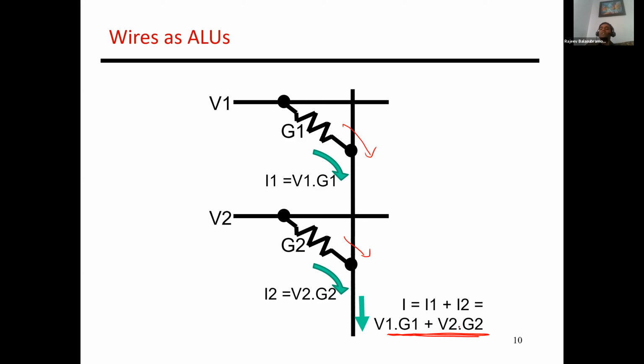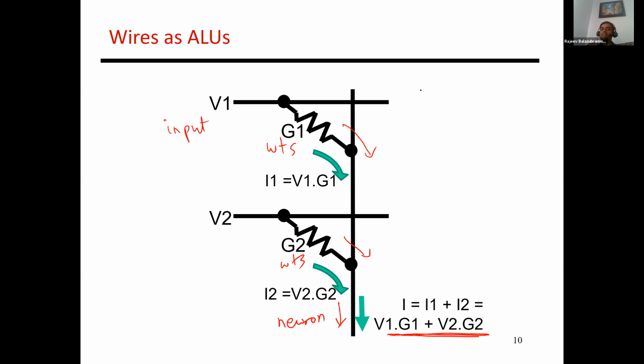And so the final current that you get out over here is V1 G1 plus V2 times G2, which is nothing but the standard dot product equation that we use in all of our deep networks, right? What we're essentially saying is, let's put our weights into these resistors. The weights of a deep network are encoded as the conductances of each of these resistors, and my input image shows up as the voltage. If I do that, then what comes out of each column is nothing but the computation for each individual neuron, right?